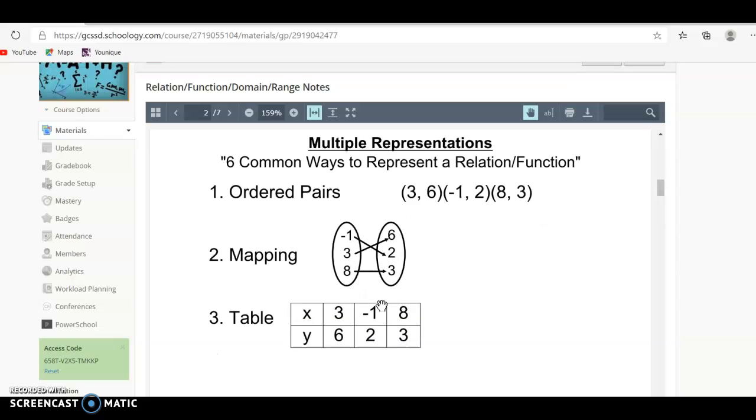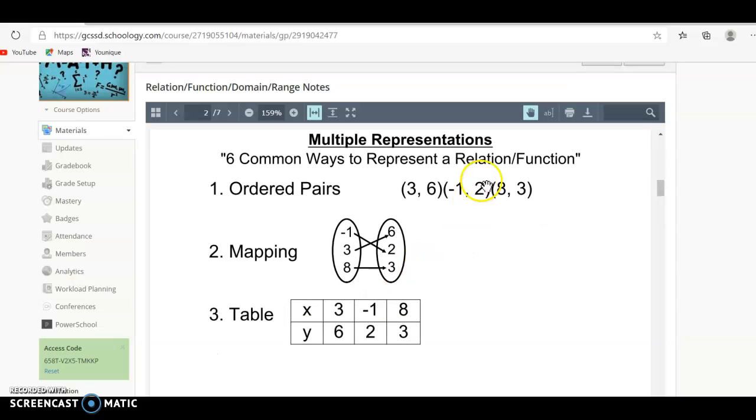So there are 6 common ways to represent a function and a relation. We've already talked about one being ordered pairs, an x and a y. Then we have what we call mapping.